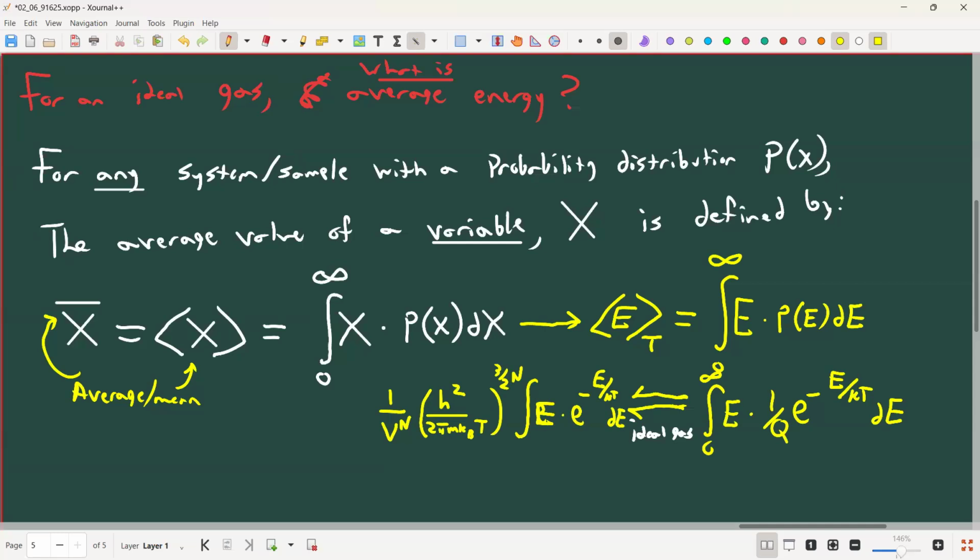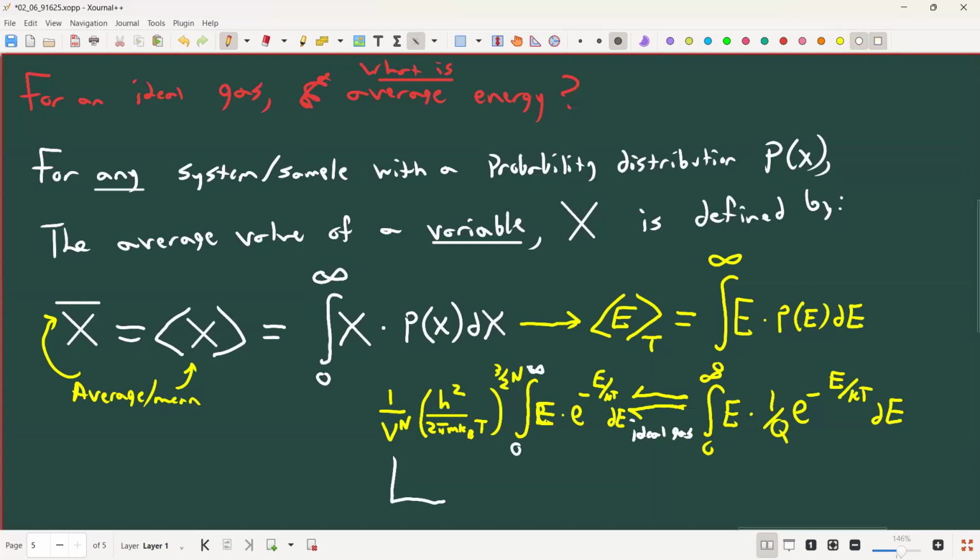This is kind of a long and complicated equation that we have to evaluate. We have E times e to the minus E, so we have to do this by parts. This is integration by parts. We're not going to do that. I'll never make you do any integration by parts in this class. But we integrate this by parts.